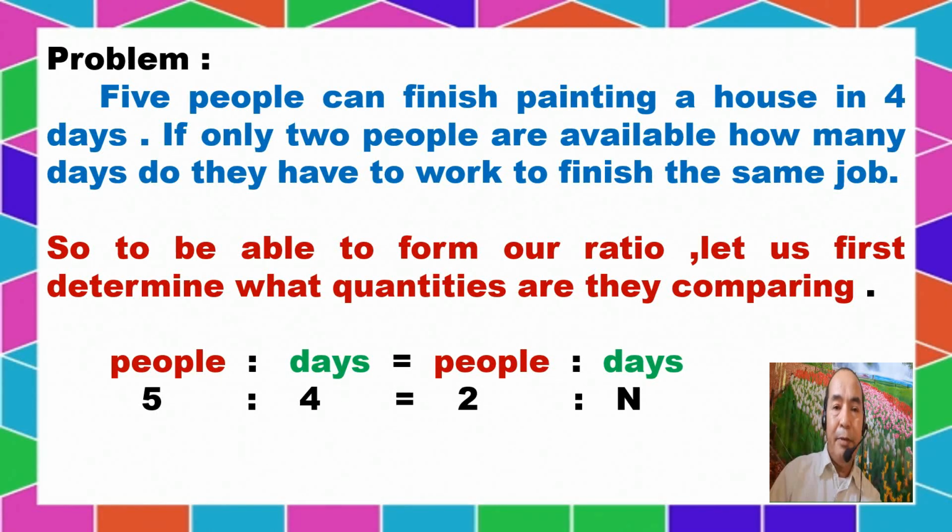The number of days is still undetermined. We still need to solve for the number of days since there is a decrease in the number of people doing the same job. So from 5 people, it becomes 2 people.